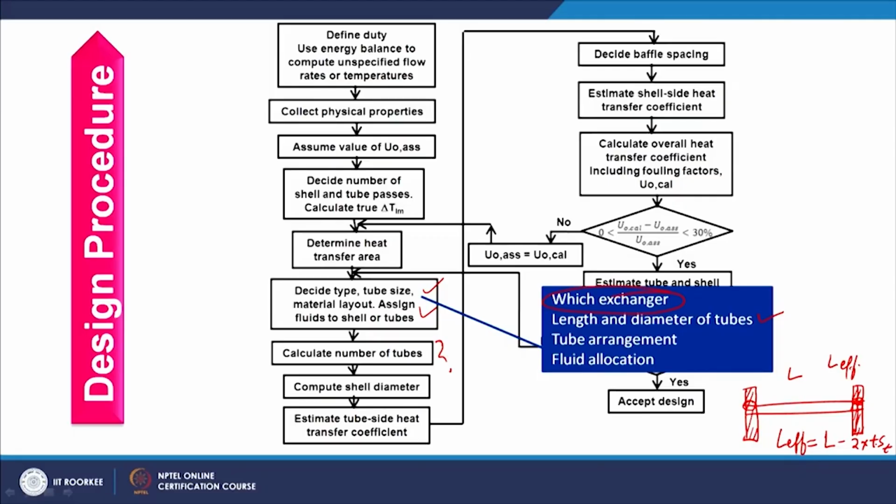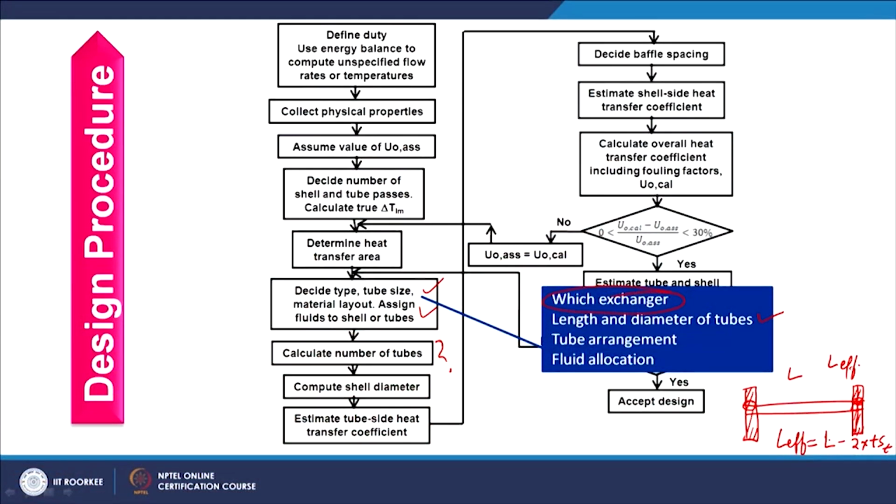How you have to choose the thickness of the tube sheet, we have discussed in the exchanger shell, in the lecture just previous to this. There you can find that if the OD of the tube is less than 25 mm or so, tube sheet thickness should be at least 25 mm.